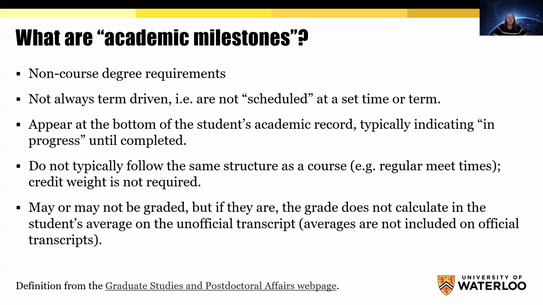It's usually noted as something else, such as completed or you've passed that milestone. So there's different mechanics and rubrics for what constitutes a pass, depending on that milestone. But it's not typically graded historically like a course would be.